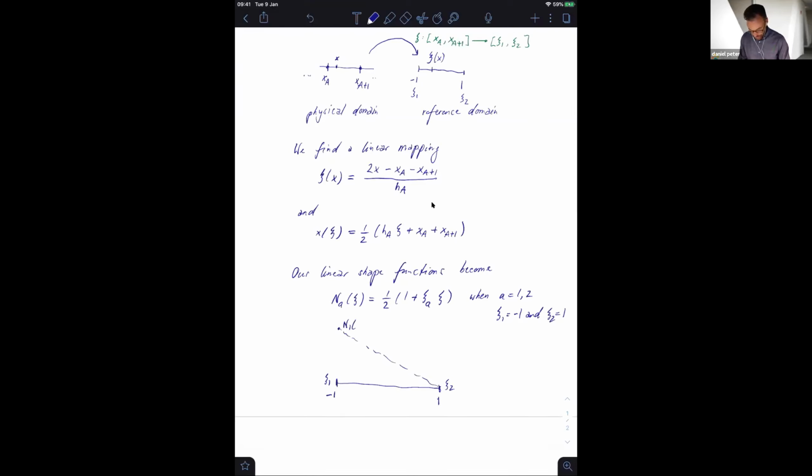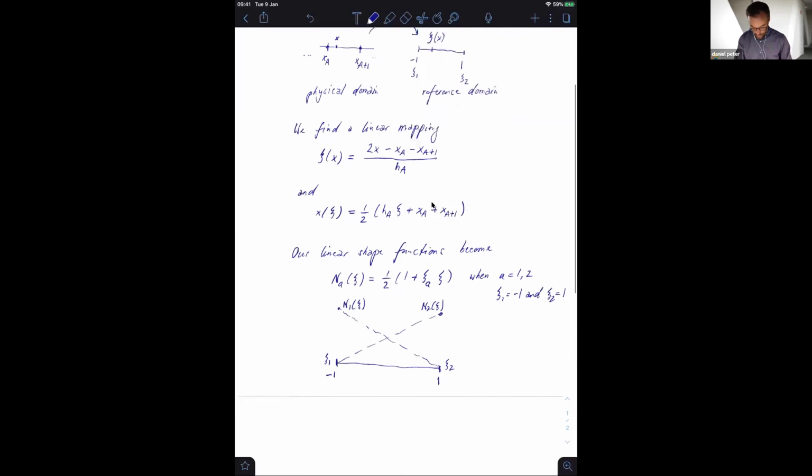So N1 of xi, and then the second shape function would be N2 of xi. So these are now defined in our reference domain for the reference element. And so the mapping now.